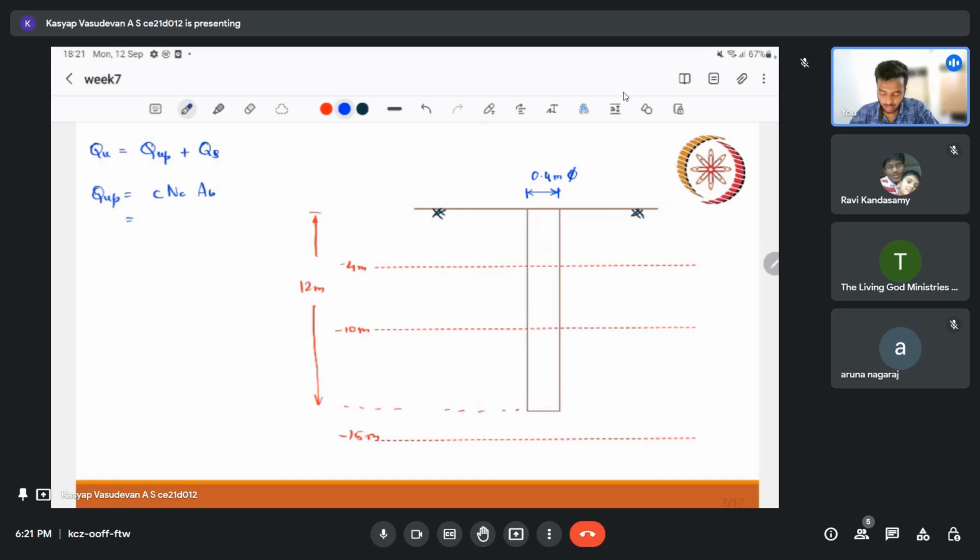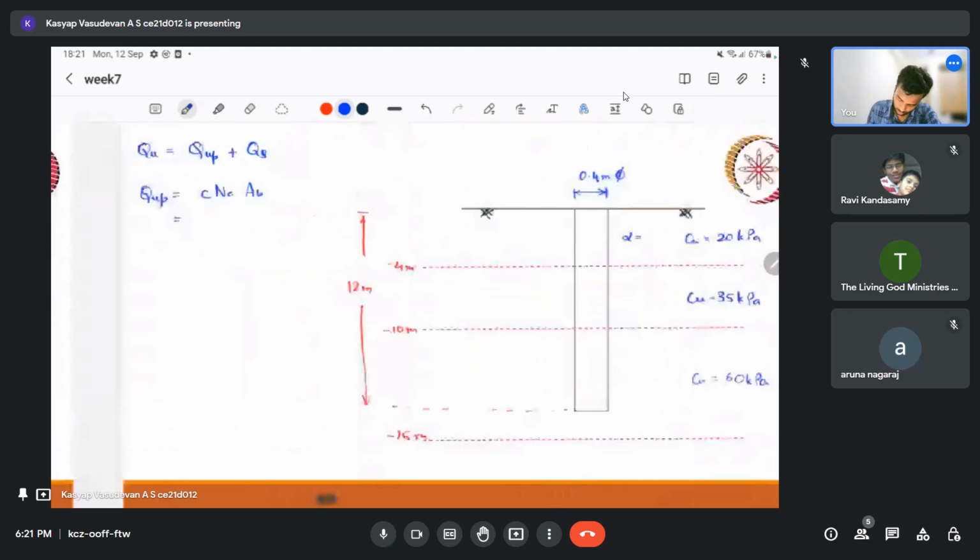Since we are dealing with bearing, we have to consider Cu equal to 20 kPa, 35 kPa, and 60 kPa, and alpha is equal to 1.7.